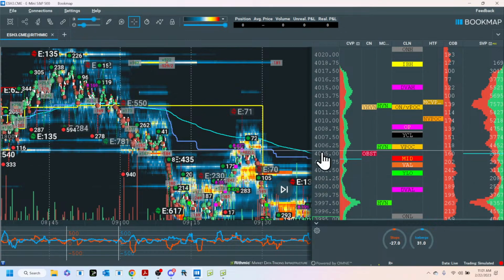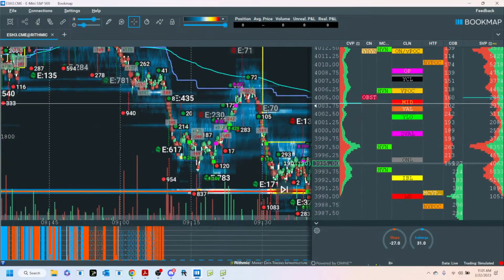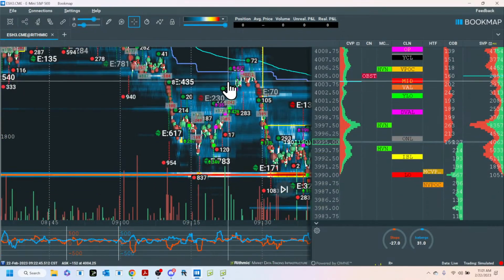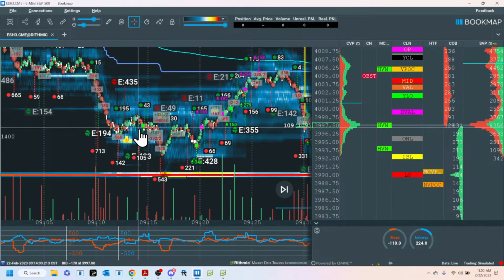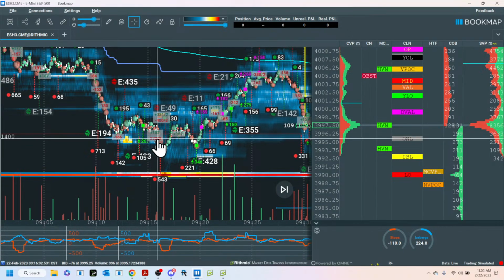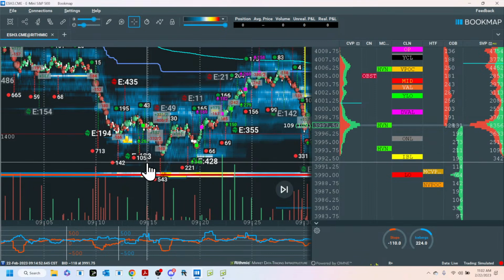setup. Now you have to remember the condition, the condition of the market. What do we get? We come down, we get our overnight stat. It's now 9:15 in the morning.